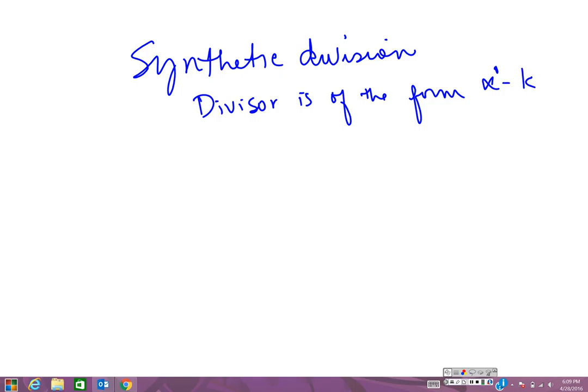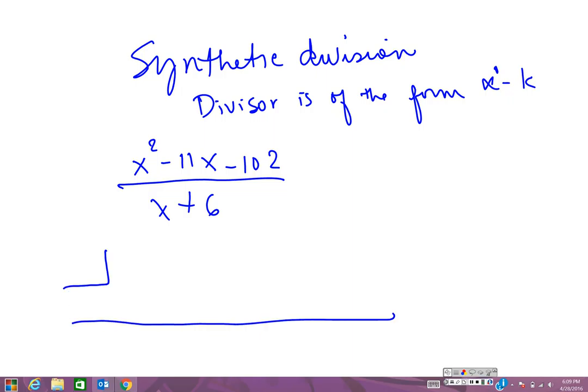And since it was x plus 6, we can do synthetic division. So we will set it up like this. K goes here. And in this case, since it's set up as minus k, since this is a plus, k must be negative, since a minus times a negative is positive.